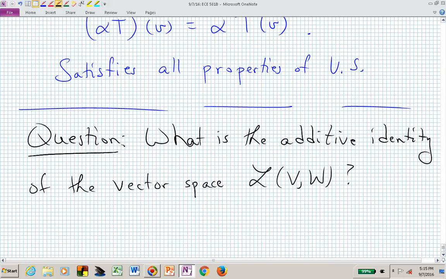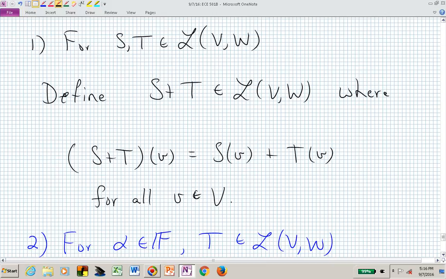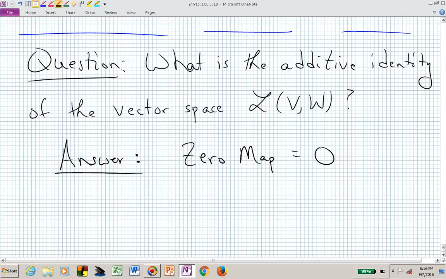Such that if this was up here, and we said, let T be our additive identity, then if we did S plus T, we need to get S. What's going to be the additive identity? Is that believable? The zero map?